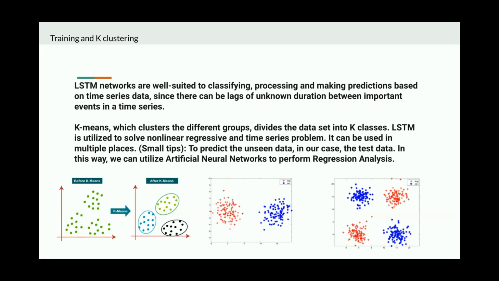K-means is a clustering method that divides the data into multiple groups or classes. LSTMs are utilized to resolve linear regression and time series problems. You can use them in multiple places to predict unseen data, and in our case, the test data. So we can use artificial neural networks to perform regression analysis.